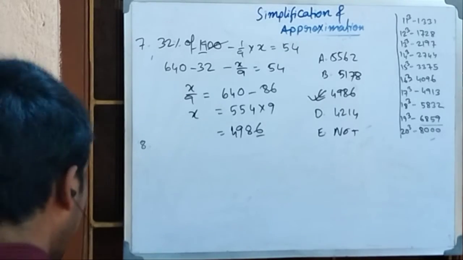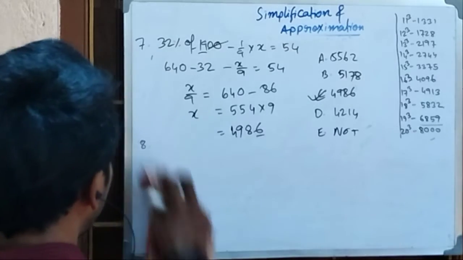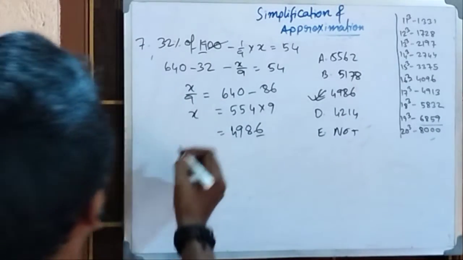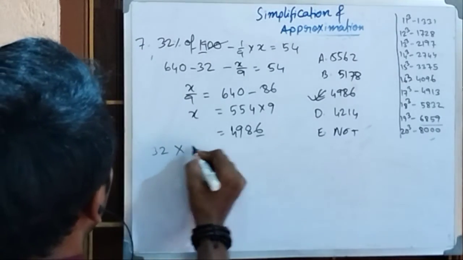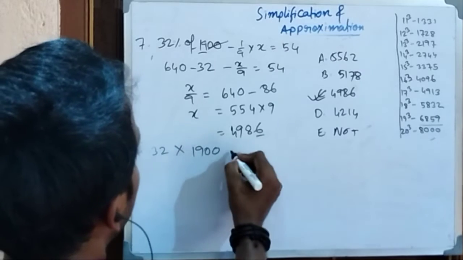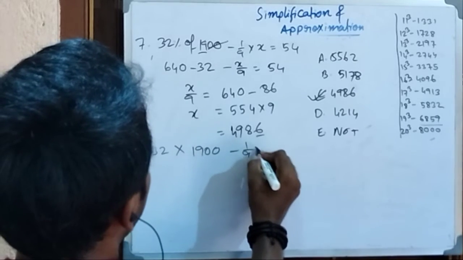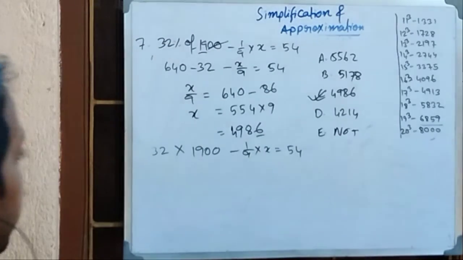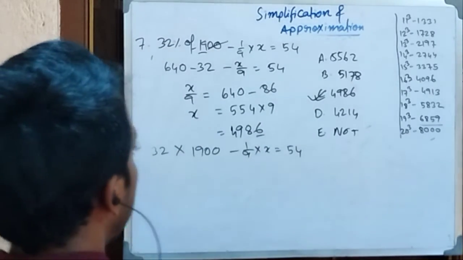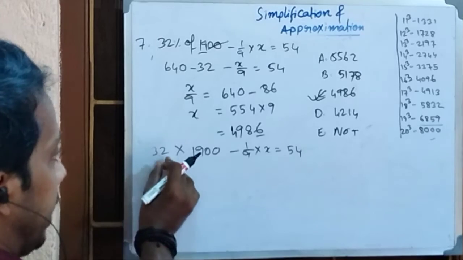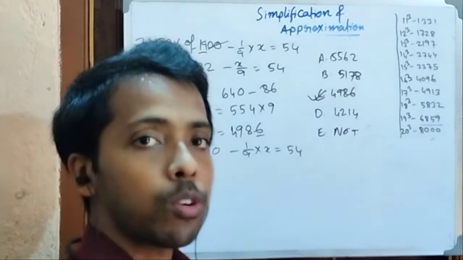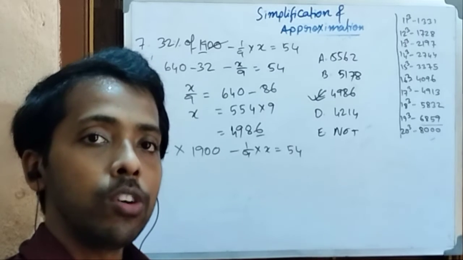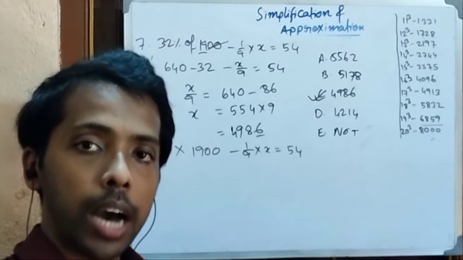Okay, before moving to the next question, just see how the unit digit and digit sum work here for 32 into 1900. In the digit sum case, all the digits in a number you have to add and then see what number comes after the digit sum.